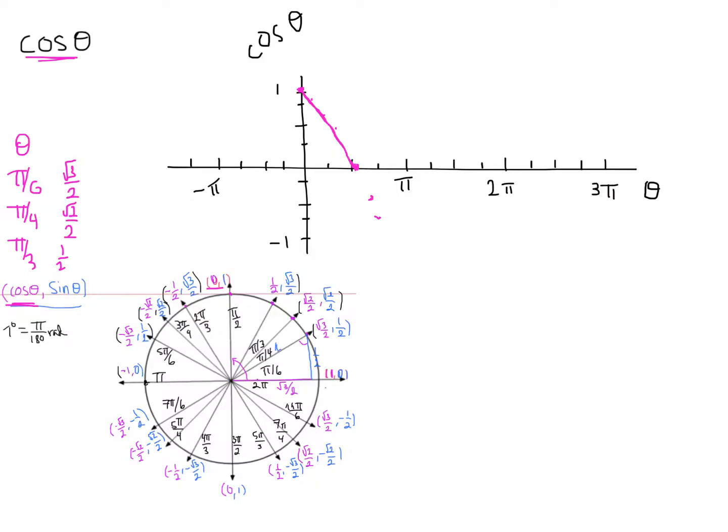I'm going to keep going. 5 pi over 6, I'm pretty close to pi now, and that's going to be negative root 3 over 2, which is negative 0.866. And then finally I get to pi, and pi is exactly negative 1.